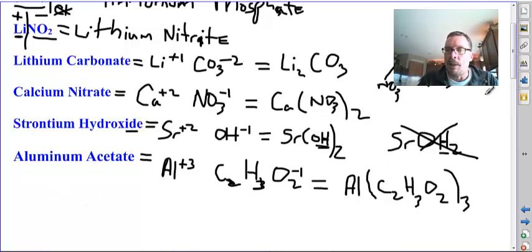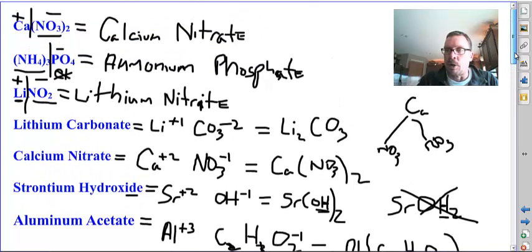So, there you go. Ternary or polyatomic ionic compounds. They have 3 or more elements. Almost all the time, the first element is the cation, the rest of it is the anion, except in the case of ammonium. Okay.